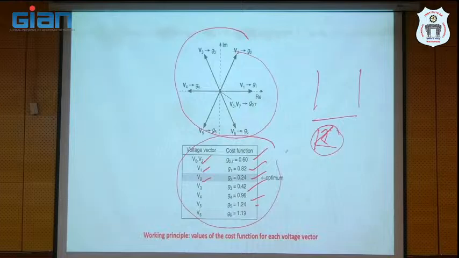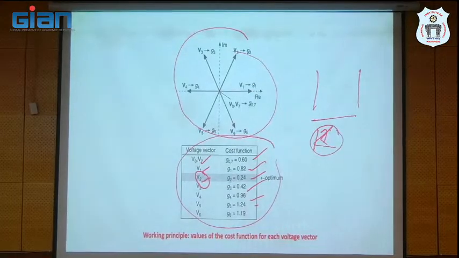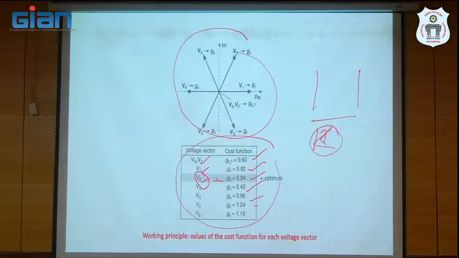If the cost function is more, the error is more. You should not select that particular voltage vector. See here, after applying these 8 switching states, V2 is producing less cost function.